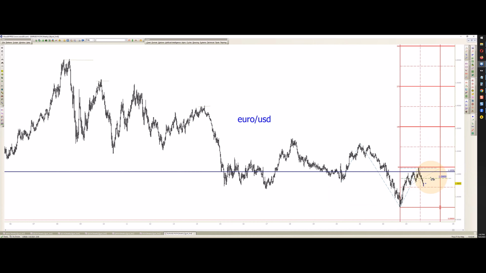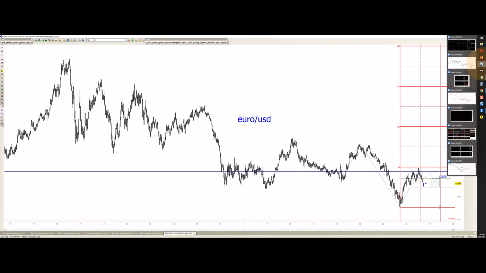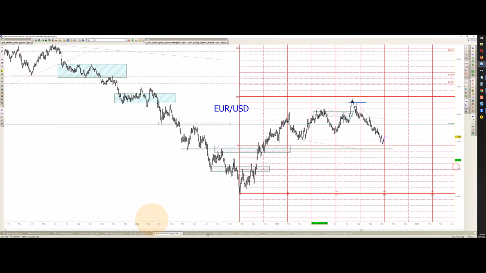The other side of the coin is, as long as we're below 108, the downtrend is in full force. So I think the block between 108 and the 50% of the square is where we could be consolidating for now. Okay, we'll leave it at that. And that's the weekly. Let's get back to the daily.